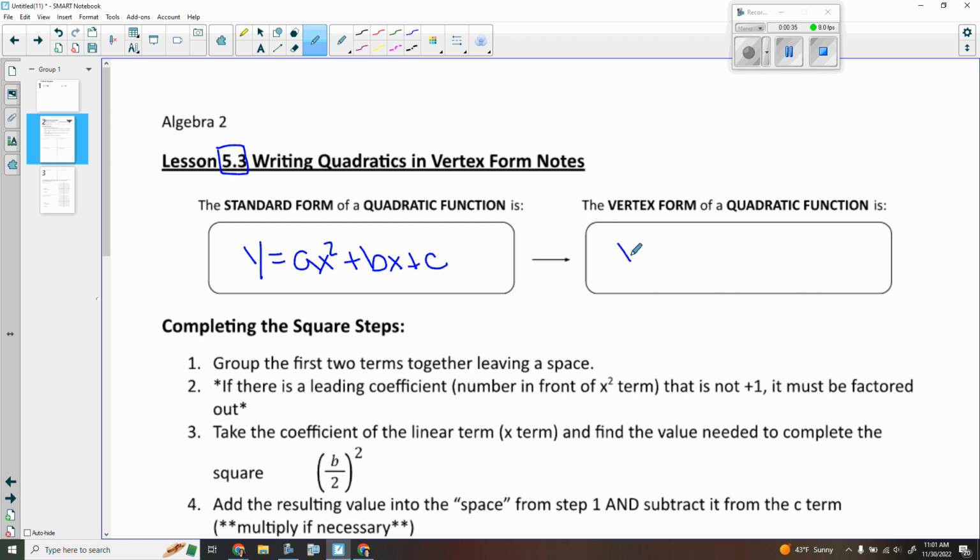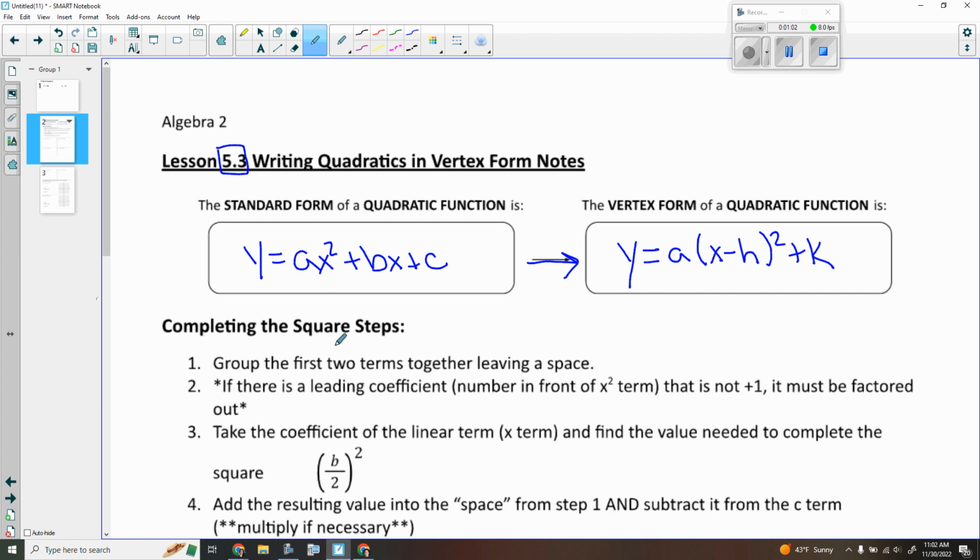Vertex form for a quadratic is y equals a times the quantity x minus h squared plus k. Today's lesson is taking a look at how we go from our quadratic function in standard form over into vertex form.